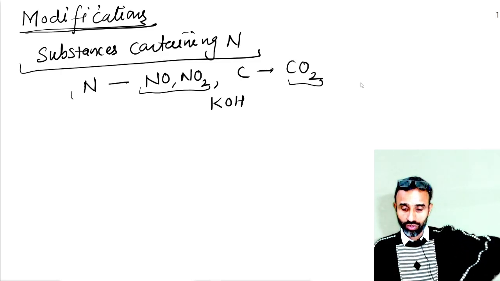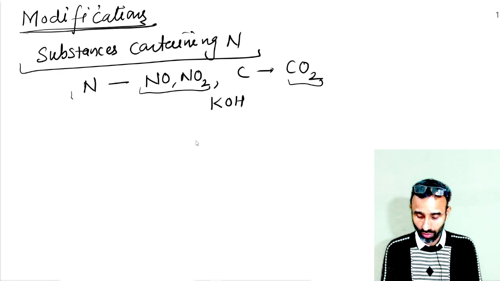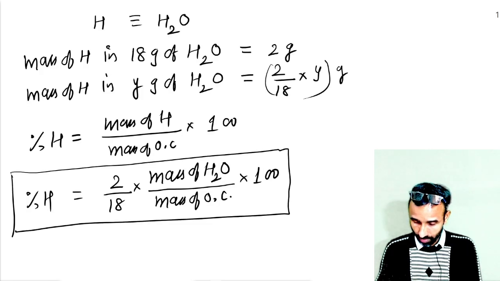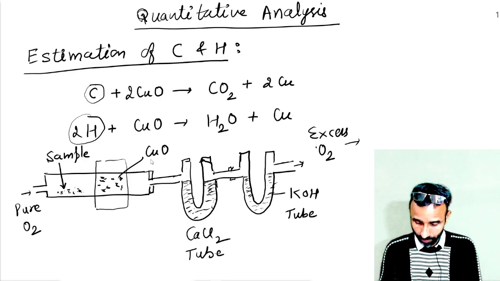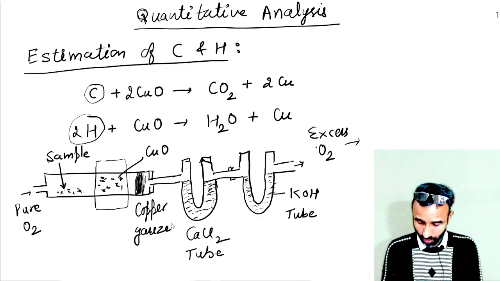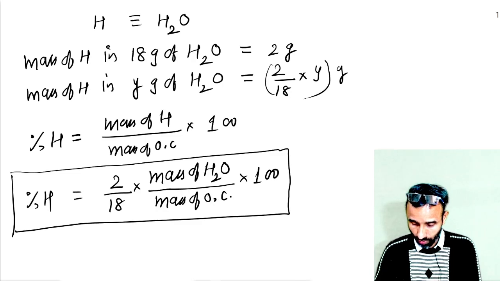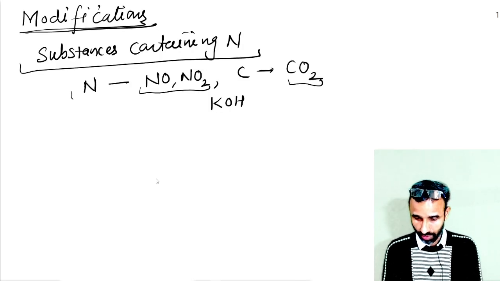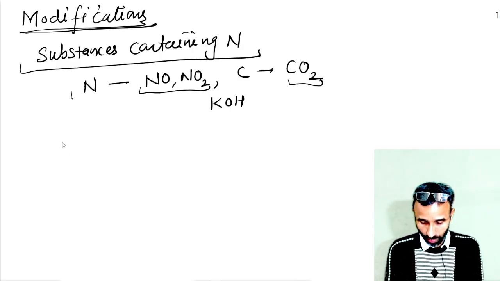Okay, so in this case what we do, we modify this tube. Here we place copper gauze or copper grid. What is the use of this copper grid?